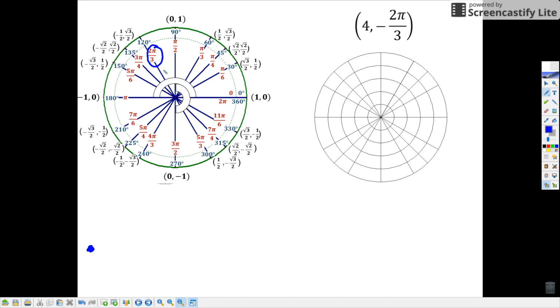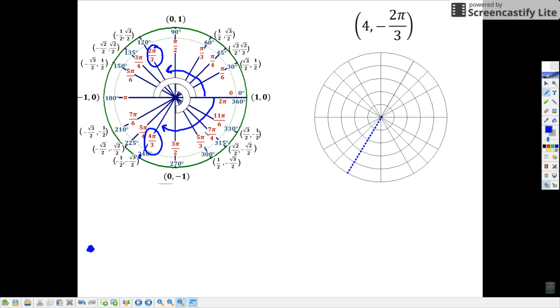One of the ways I taught you to figure out where a -2π/3 is, you can just simply reflect it over the x-axis because then you would be sweeping out the same amount, not same direction. It's opposite directions. One's going counterclockwise, the other one's going clockwise. But this 4π/3 would be the same thing as -2π/3. So that'll be right here, this line in the third quadrant.